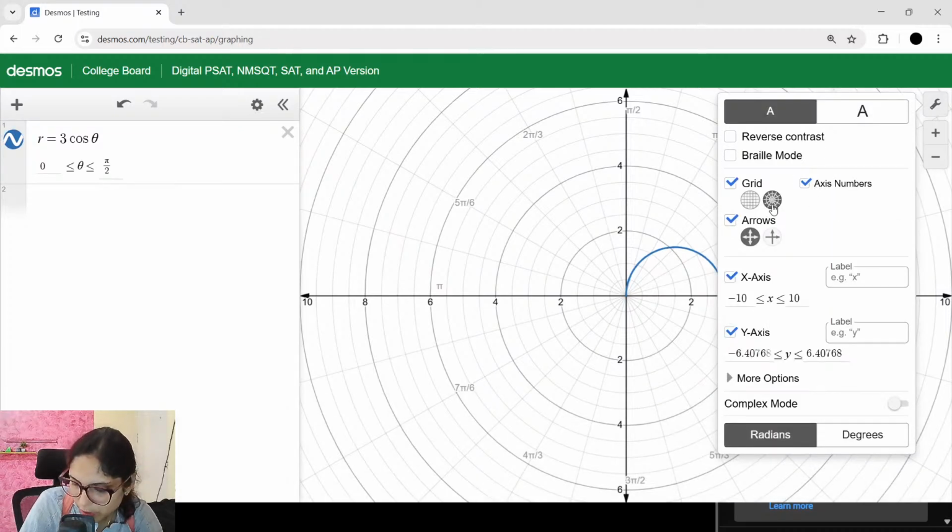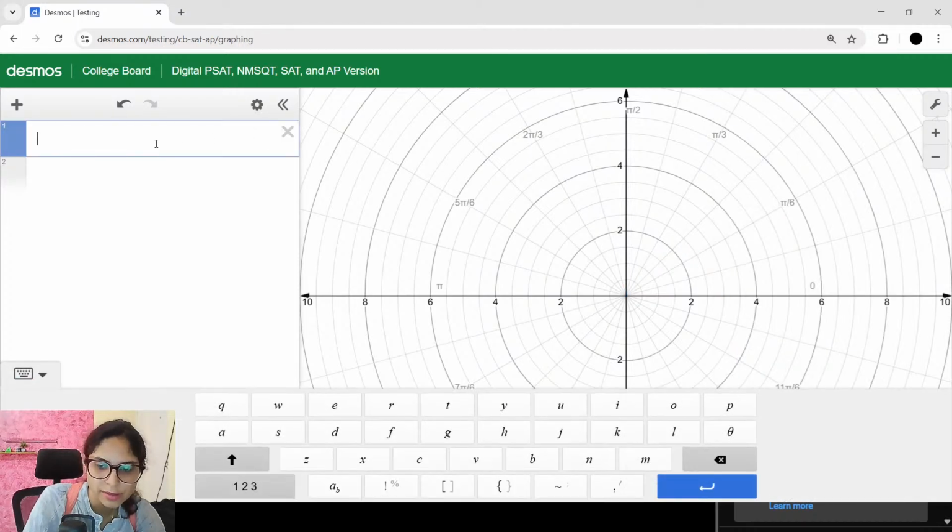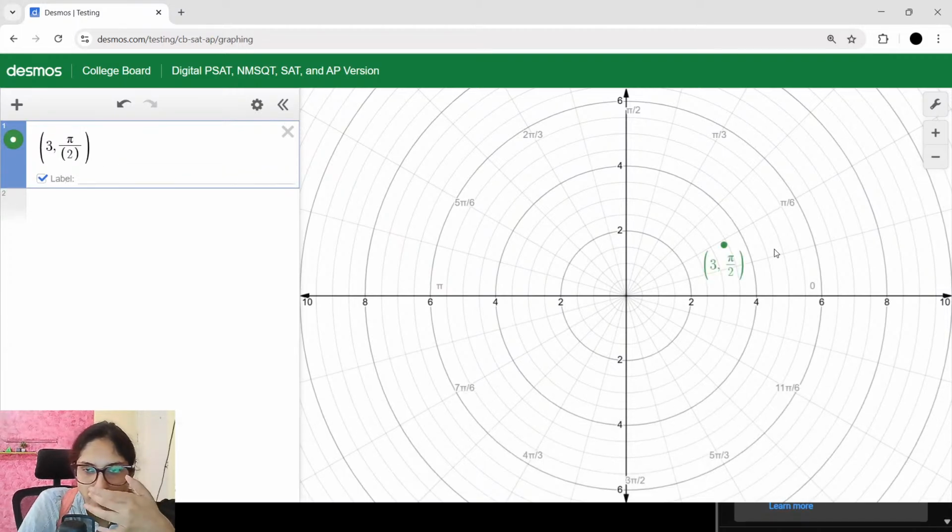The only problem is, for example, if you type any point, 3 comma pi over 2, this is not in polar coordinates, this is only in rectangular coordinates. So that's a problem because you're not on radius 3 and angle pi over 2.